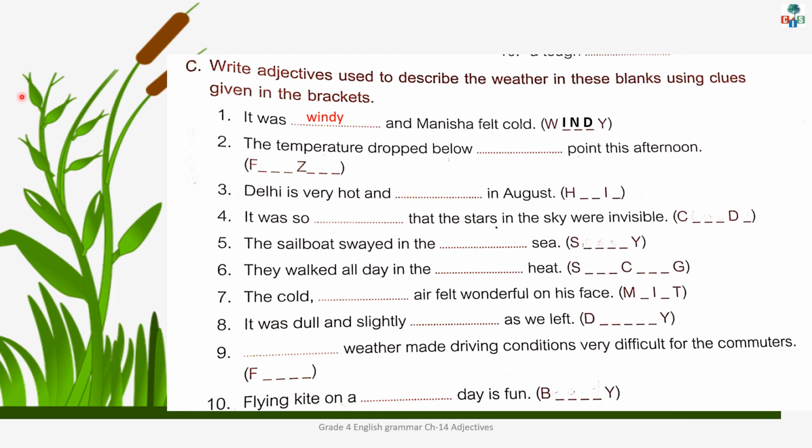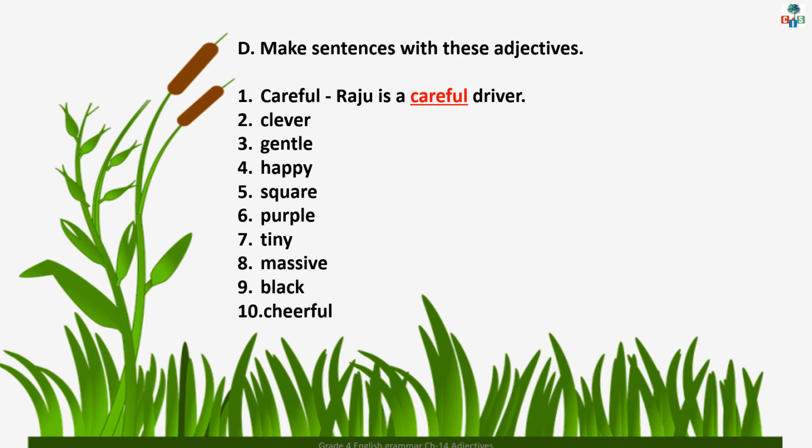Okay. Exercise D. Make sentences with these adjectives. Now children, here adjectives are given and you have to make sentences, and in those sentences these adjectives should come. First, careful. Raju is a careful driver.